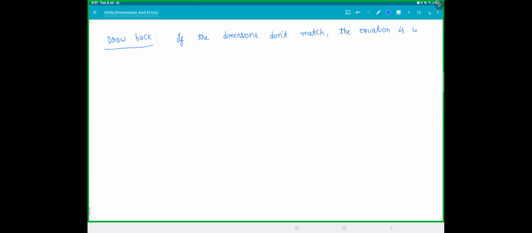But if the dimensions match, there is no guarantee the equation is right. So it can only tell you whether it is wrong, but we are not sure whether it is right. If dimensions match, we are not sure whether the equation is right.